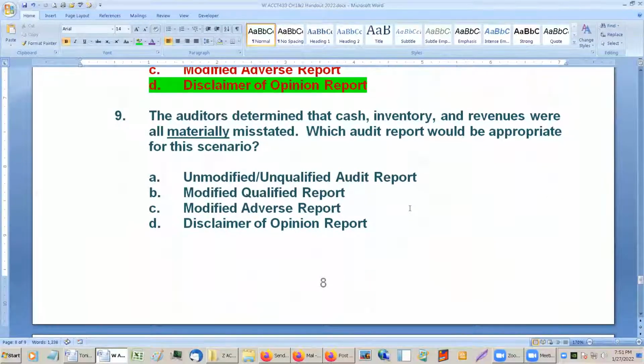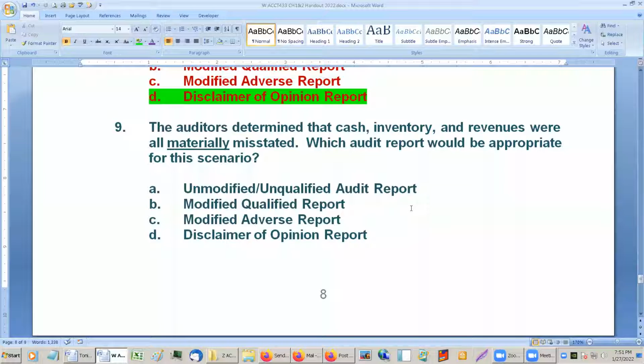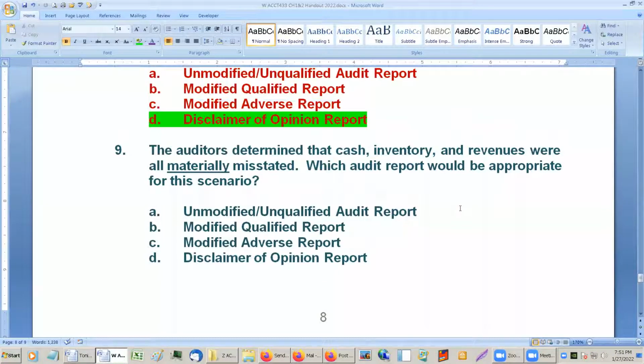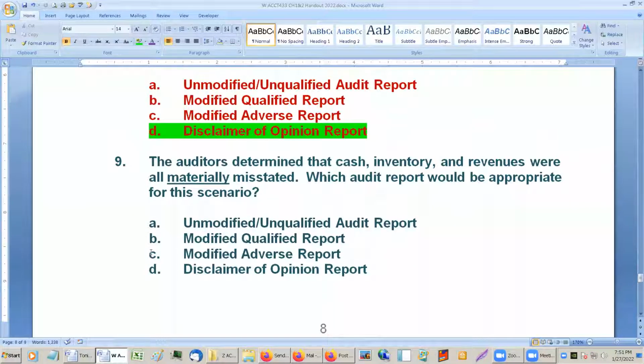The auditor determined that cash, inventory, and revenues were all materially misstated. Which audit report would be appropriate? Modified adverse report. Yep. If it leaks into more than one account, it's going to be an adverse.